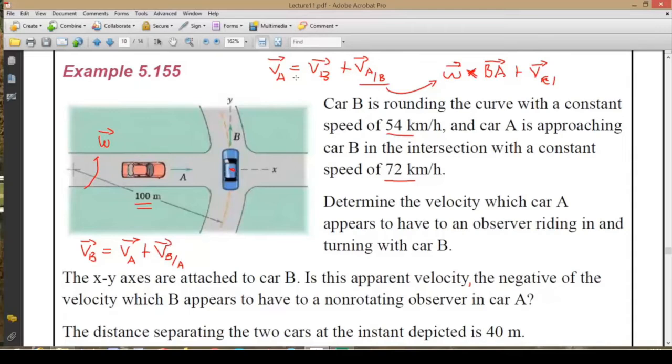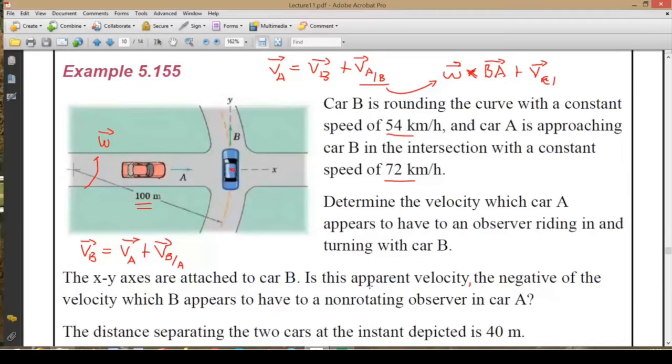Now, from these two equations, you can understand that the negative of this relative velocity of A with respect to B is equal to the relative velocity of B with respect to A. Okay. And this is what the question is asking. Is the apparent velocity the negative of the velocity which B appears to have to a non-rotating observer in car A?